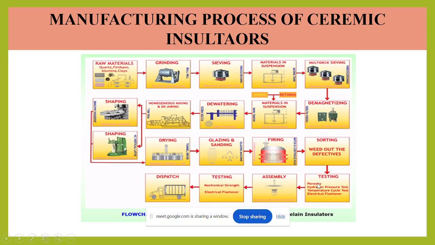In testing, we use different types of tests like the porosity test, hydraulic pressure test, temperature cycle test, and electrical flashover. Finally we assemble, and after assembly we check the mechanical strength and electrical flashover. This is an overview of the manufacturing process of ceramic insulators. In detail, I will give some notes on this.